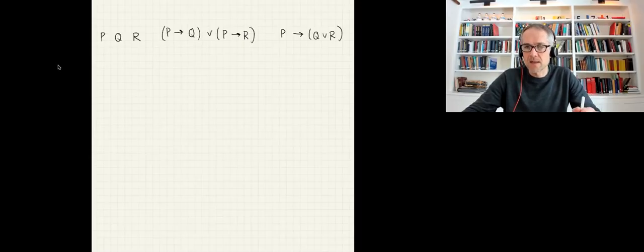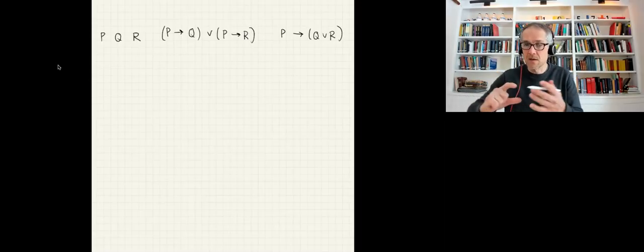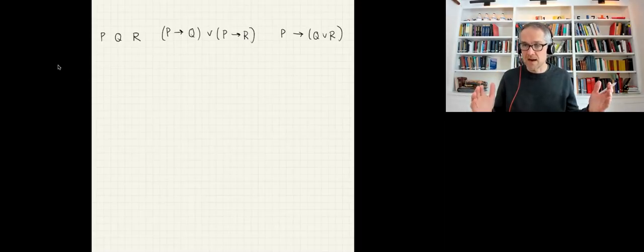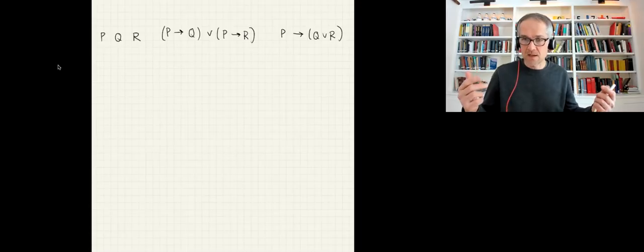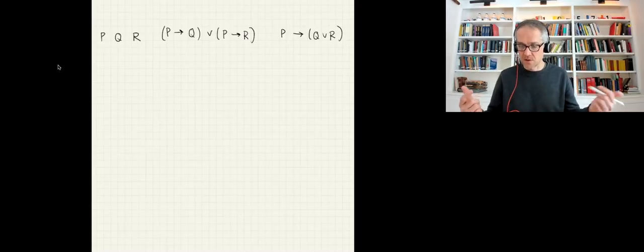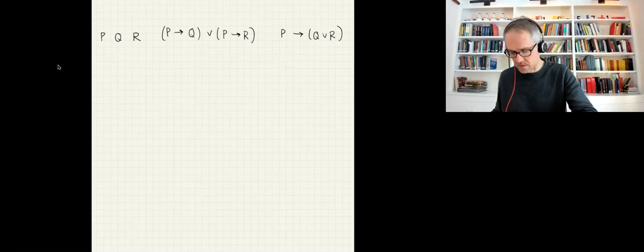Notice, however, that it's enough. We actually can ignore all the rows where the conclusion is not false. So if the conclusion is true, that supplies no information about whether the argument is valid. The only way it could fail to be valid is if there's a case where the conclusion is false and the premise is true. So let's actually focus in on the case where the conclusion is false.